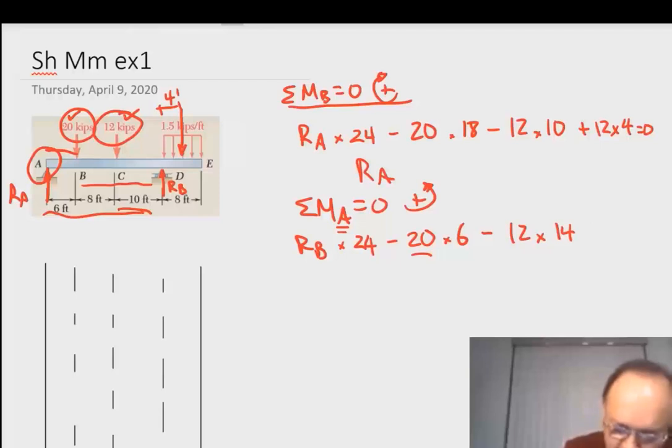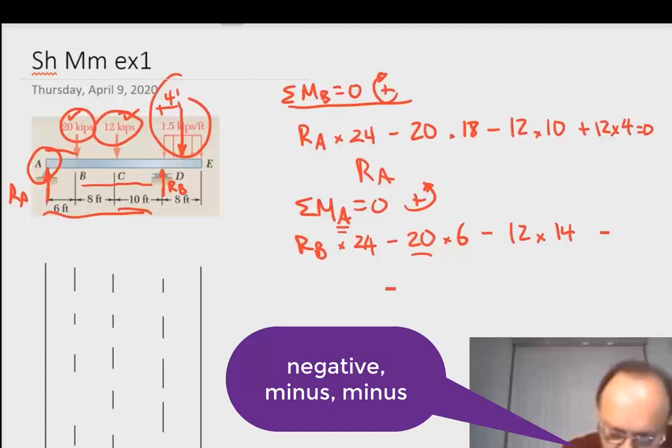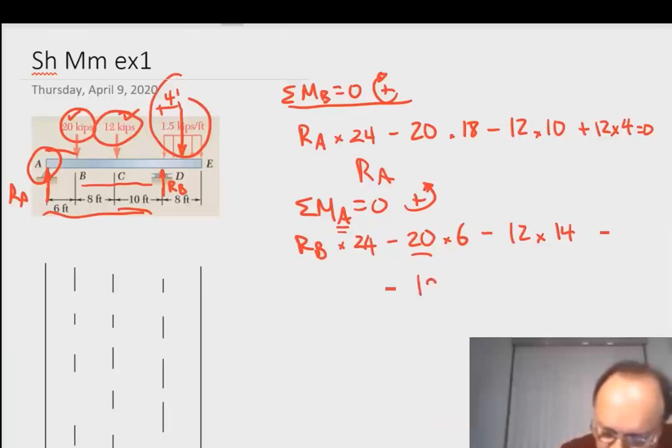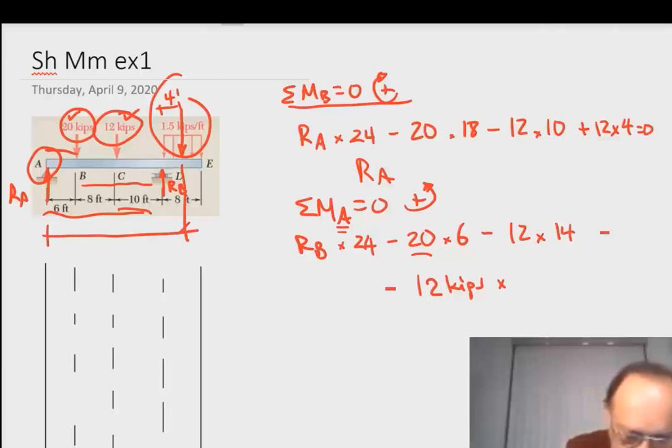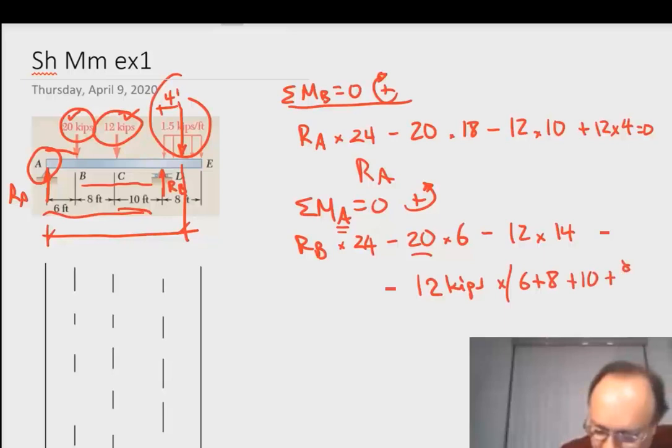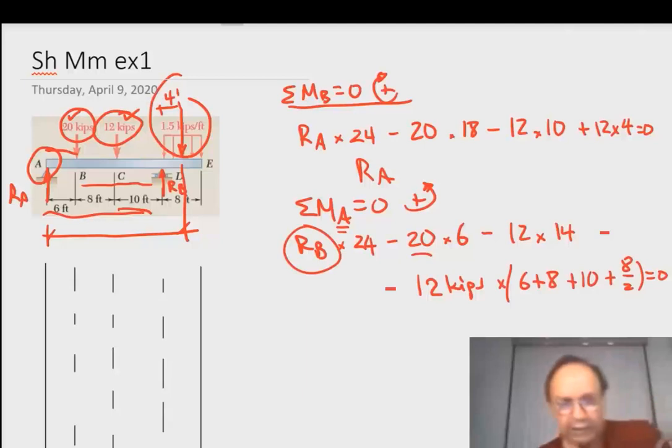And then you have this force that produces positive moment, so plus 12 kips times the whole distance from this force to this point here. That will be 24 plus 4. This is 6 plus 8, plus 10 plus 8 over 2 equals to 0. That's how you get RB.